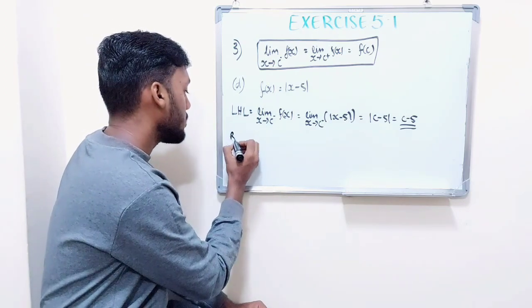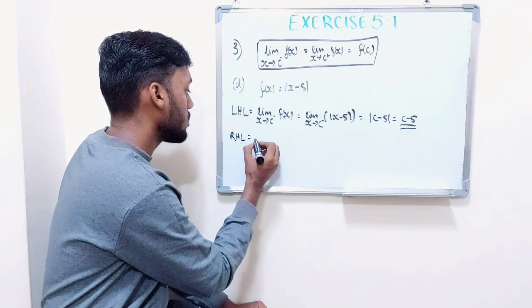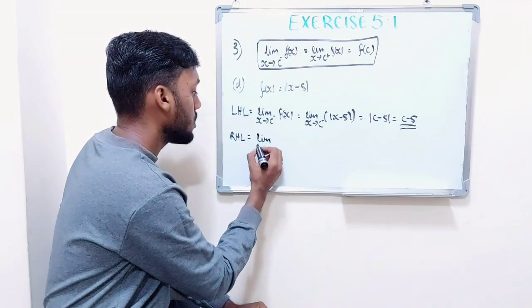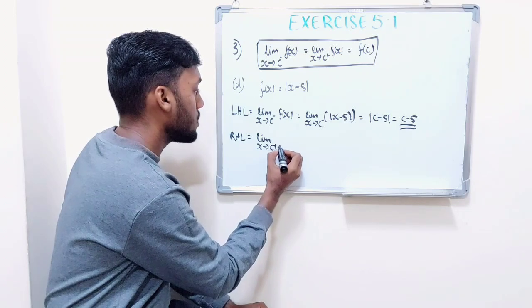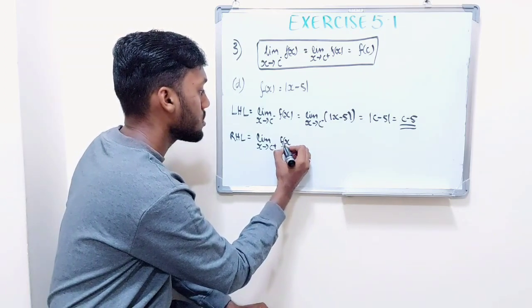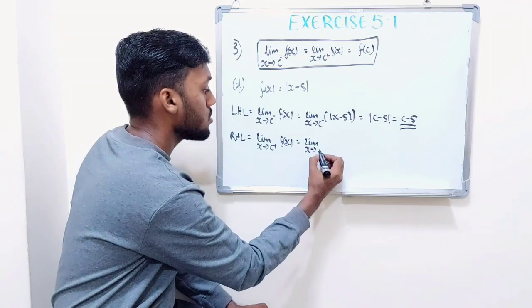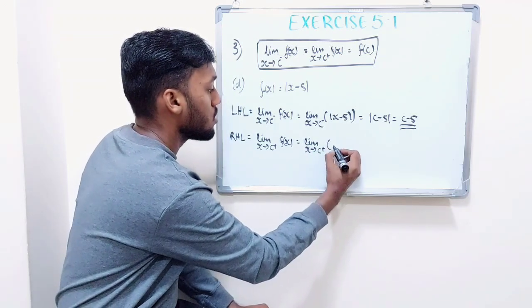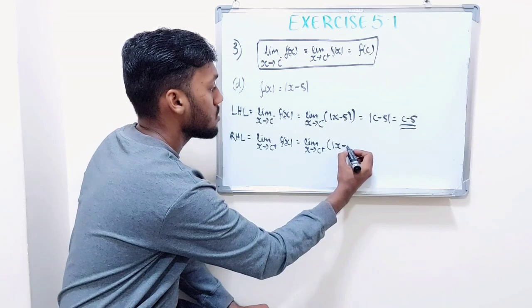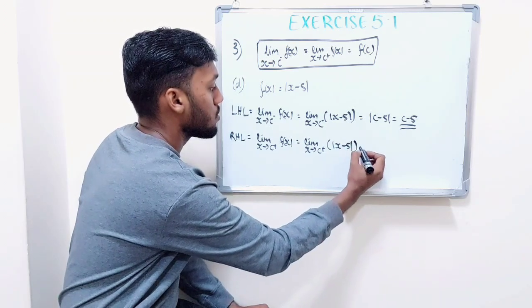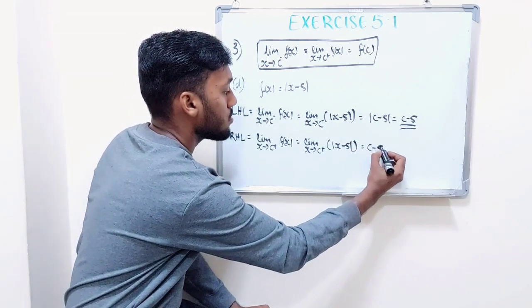Now right hand limit, which is limit x tends to c plus f of x equal to limit x tends to c plus of mod x minus 5, which will get c minus 5 itself.